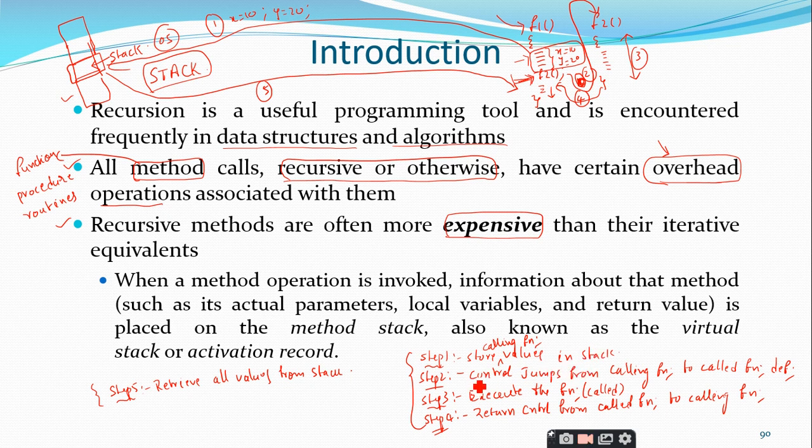Then control will jump from the calling function to the called function, execute the called function, next return the control from the called function to the calling function, and finally retrieve back all the values from the stack. So these 5 steps are involved in any function call. You take any function call, all these 5 steps should happen. All these 5 steps constitute the overhead.